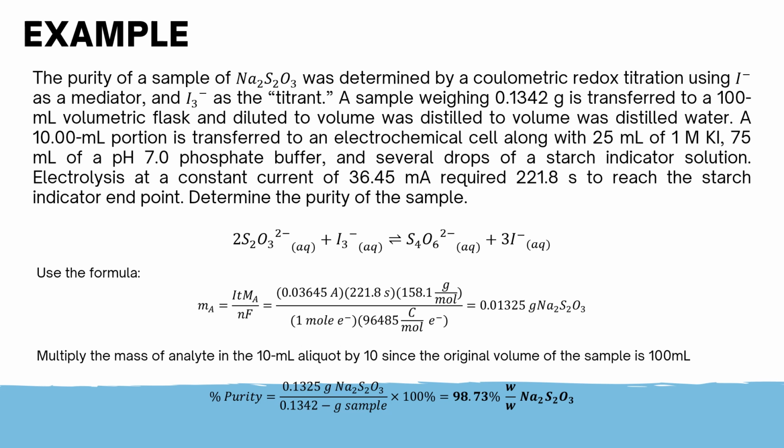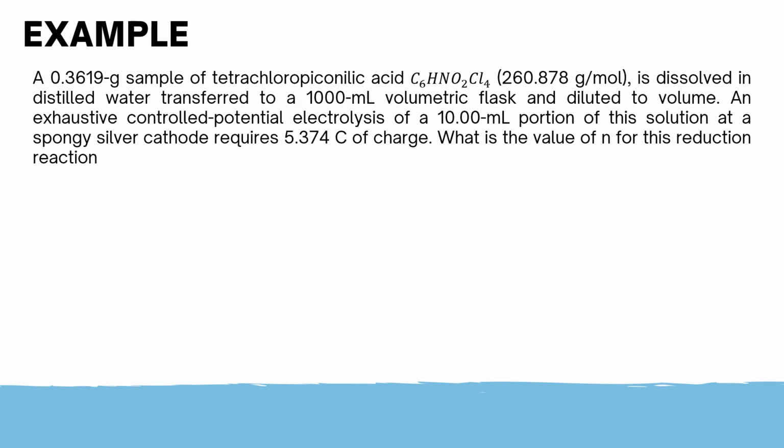For the purity, we will divide the mass of the sodium thiosulfate obtained from the analysis, which is 0.1325 grams, by the mass of the sample, which is 0.1342 grams. We multiply the quotient by 100% to get the purity of the sample, which is 98.73% sodium thiosulfate.